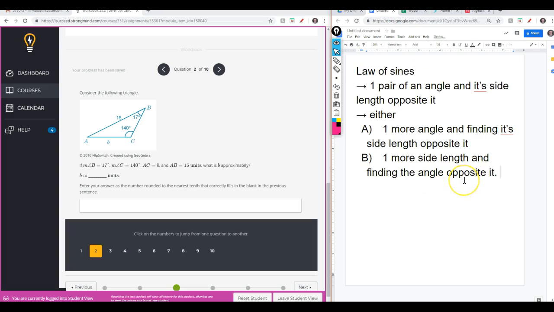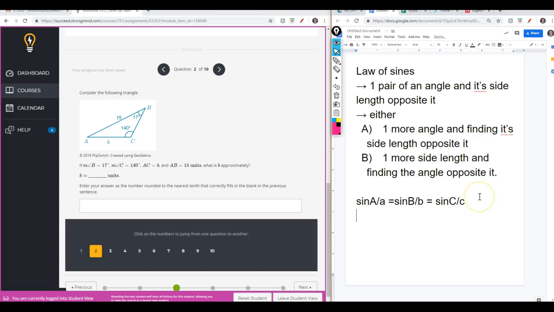So the law of sines is that, and those are the requirements. It would be sine of the angle divided by its opposite side, so that's why it's little a, because its opposite angle is big A, which equals sine of angle B divided by its opposite side, little b, which equals sine of angle C divided by its opposite side.